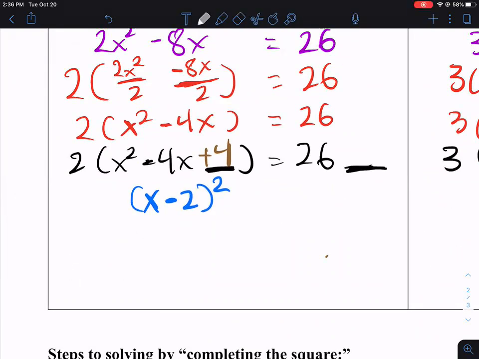Because this +4 is affected by the 2, which multiplies the entire parentheses. So I really added 2 times 4, I really added 8. Okay, so on the other side, instead of just adding 4, I have to add 8. Again, because this 2 affects the 4 that I squeezed in.